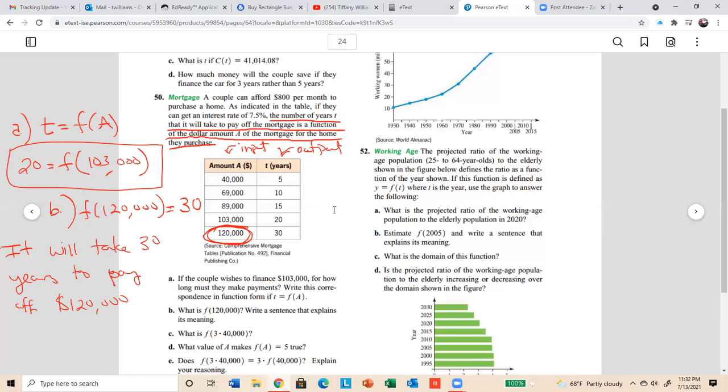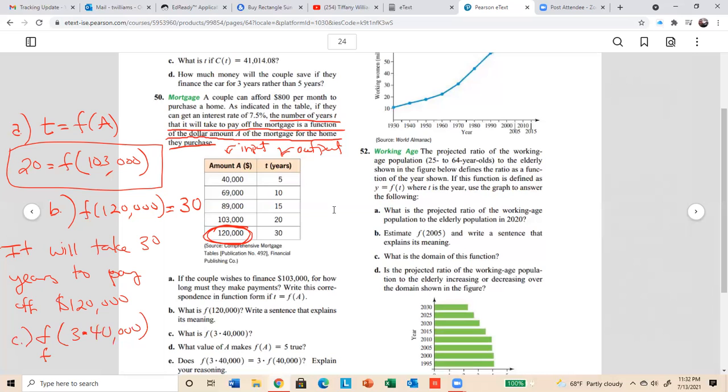Part C, what is F of 3 times 40,000? One of the things I want to point out here, do you see how the 3 times 40,000 is in parentheses? That means that I'm going to follow order of operations. So I'm actually going to figure out what 3 times 40,000 is.